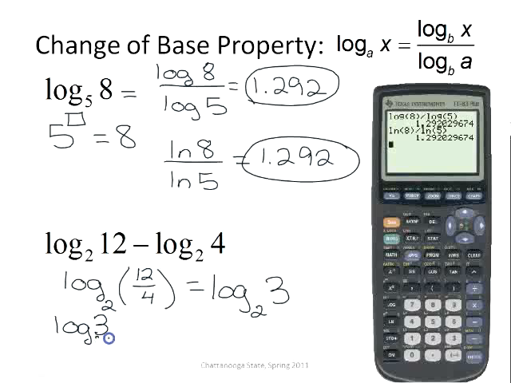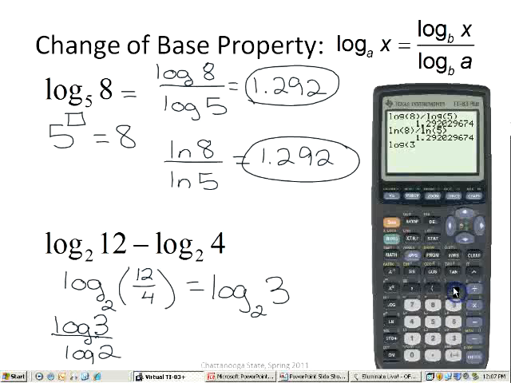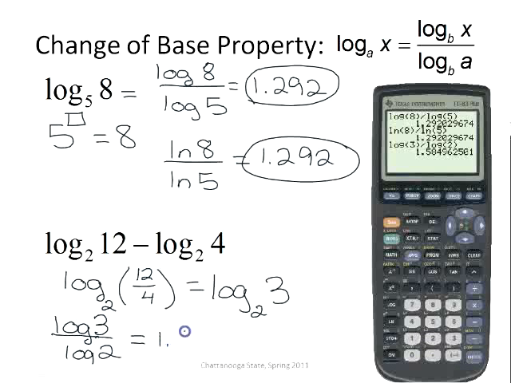So what I want to find in my calculator is the log of 3 divided by the log of 2. Log 3, close parentheses, divided by log 2, close parentheses. This is 1.585 if I round it.